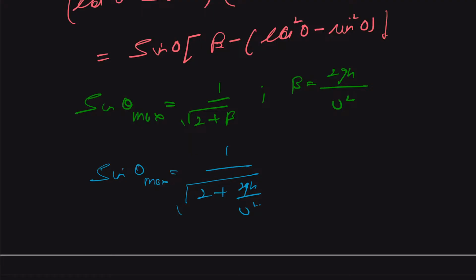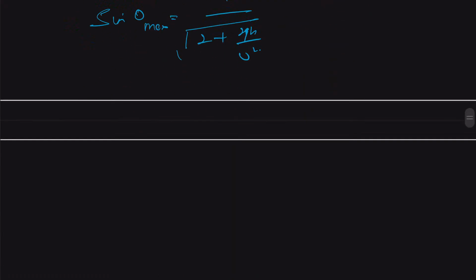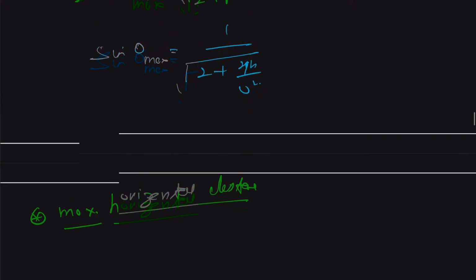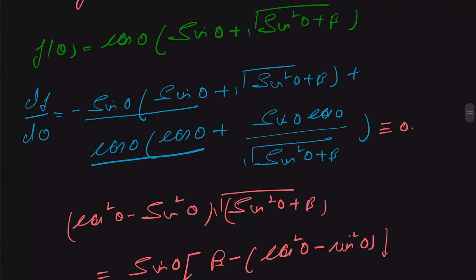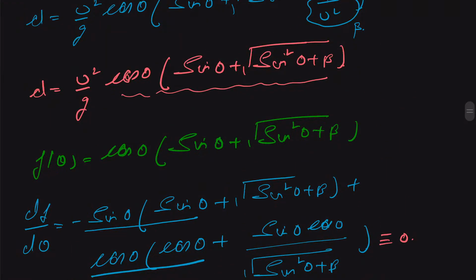And we are also interested in finding out the maximum horizontal distance, and for that we already know our sine θ, and we are going to substitute this sine θ in this equation.